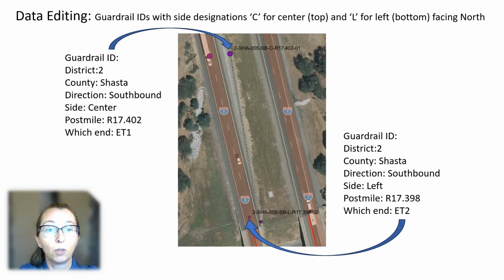I also recoded incorrect side of the road data based on Caltrans norms I had read about, which defined left and right always from an up post mile facing perspective rather than a direction of traffic perspective. I made all non-median guardrails on highways and freeways right for northbound and eastbound routes, and left for southbound and westbound routes. Accuracy in these attributions was vital for creating functional, unique guardrail IDs that would make sense during field verification.